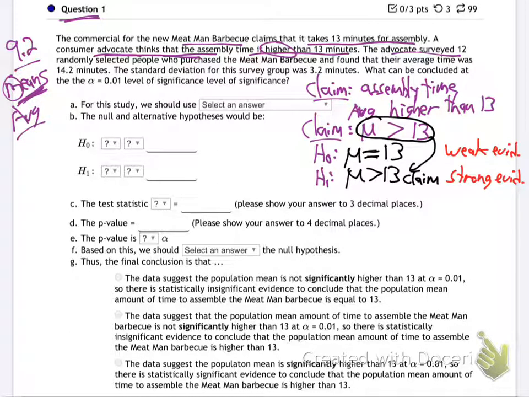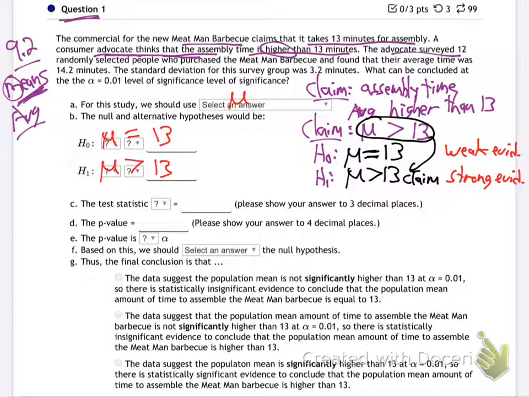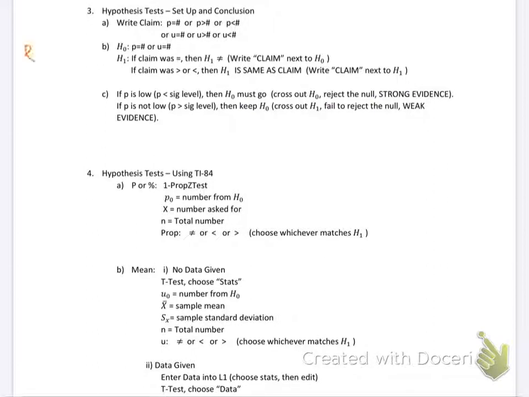All right, so let's do it. And we're going to choose mu here. We're testing mu. H0 is mu equals 13. H1 is mu greater than 13. So now we go to our calculator. And this time when we go to our calculator, if we go to our exam 3 notes, here's the exam 3 notes.